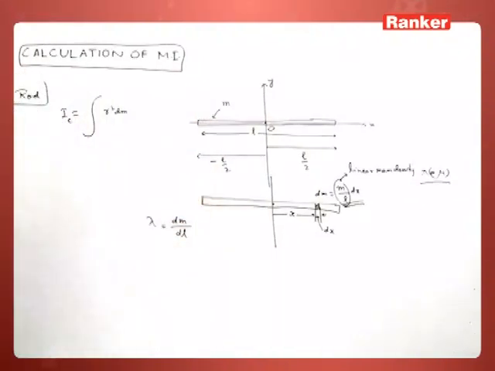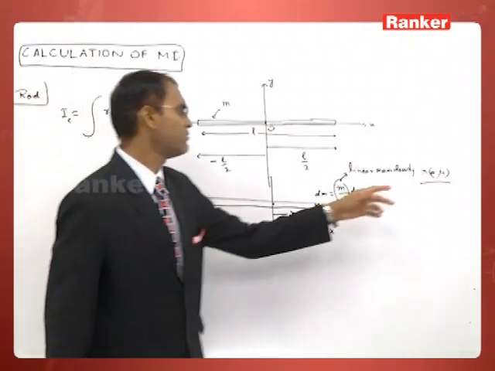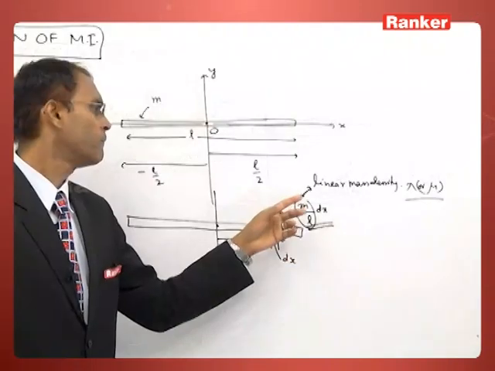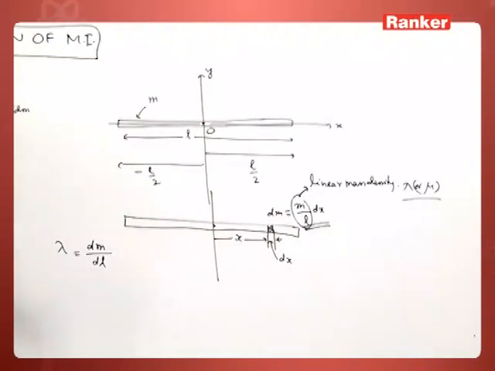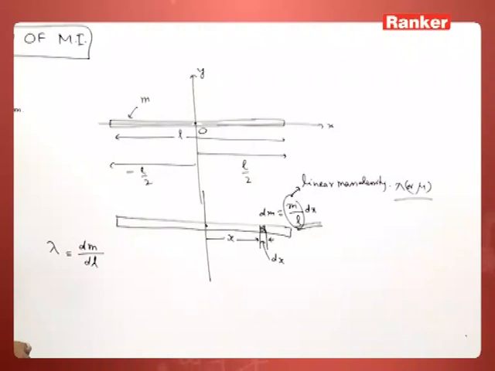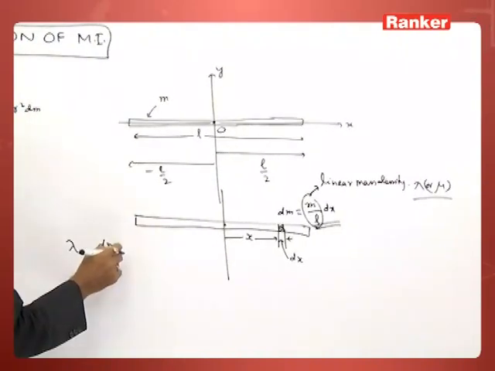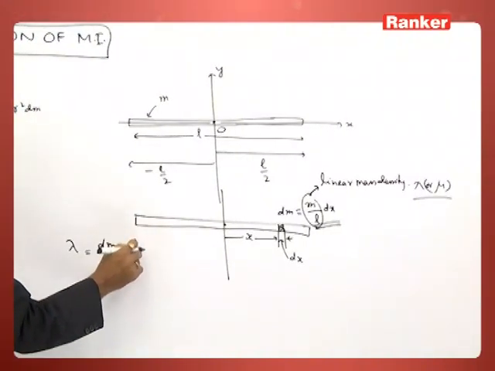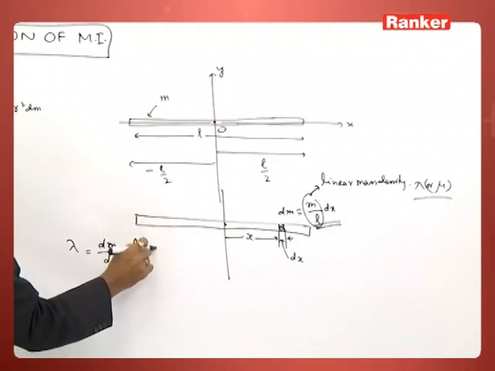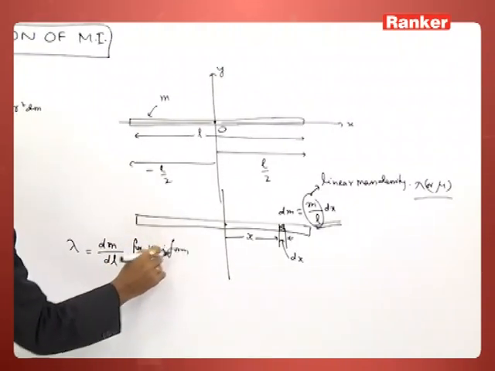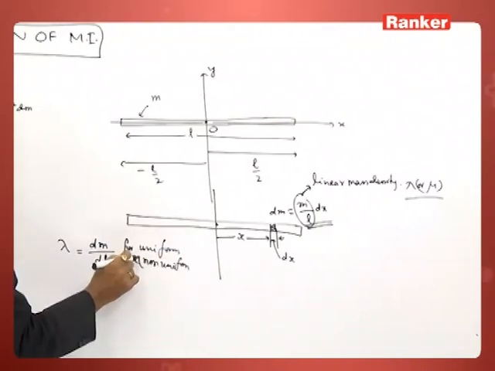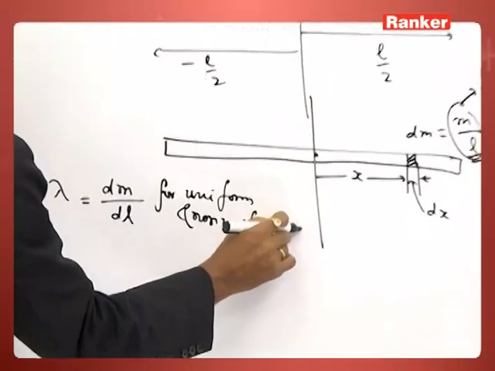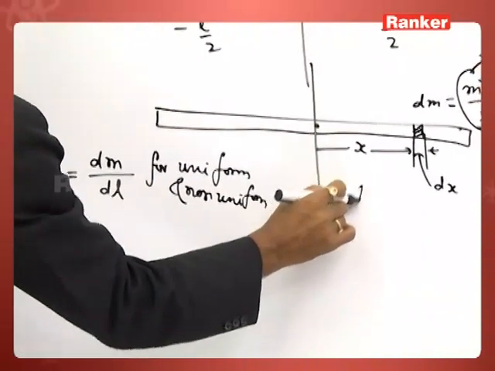Mu is not the coefficient of friction here. We can use the symbol mu for linear mass density, or lambda also you can use, dm by dl, for uniform and non-uniform mass distribution.